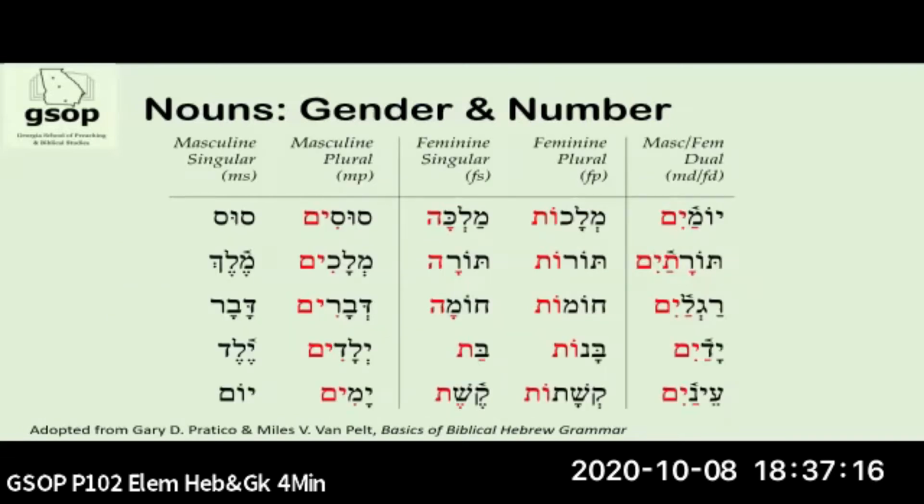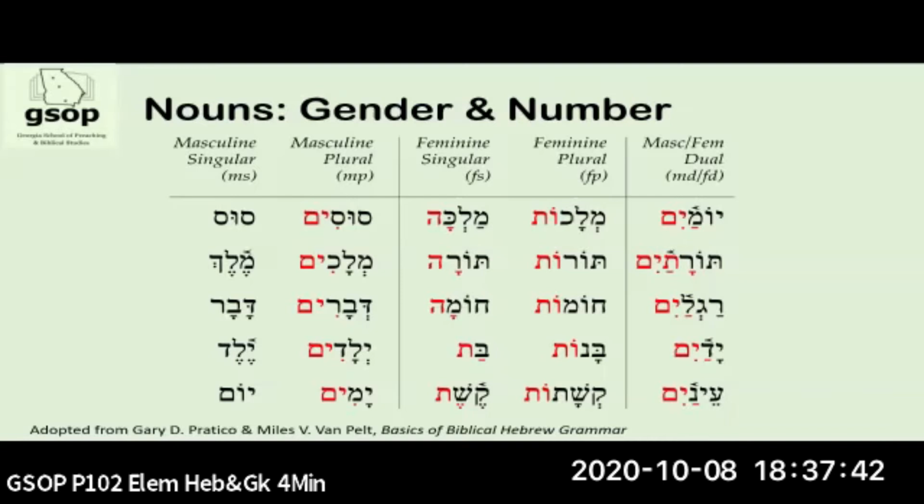And then we looked at several words, just as a reminder. We looked at the masculine singular word sus, we've already looked at, and then we looked at melech. Anybody remember what melech means? Anybody at all? It's king. And so let's go back to sus. To make sus plural, it's susim.